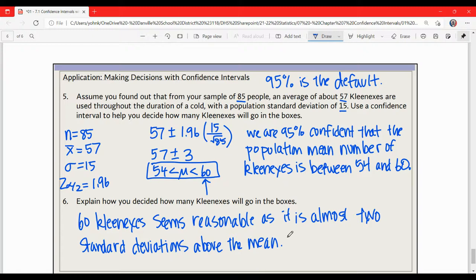Certainly don't want to have 54 because then you might be missing out on some people. 60 is the high end, so that's going to cover the low end as well.